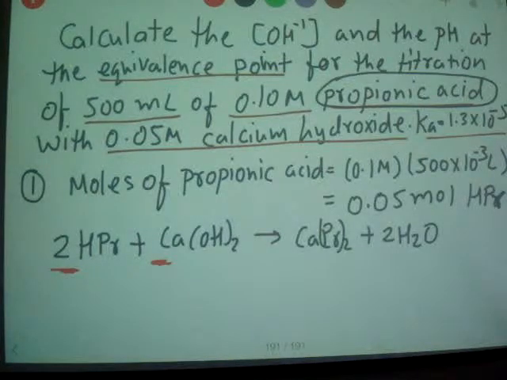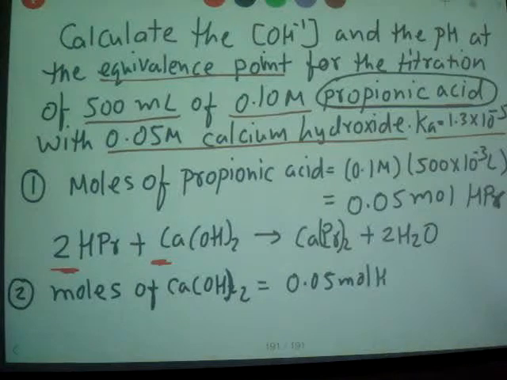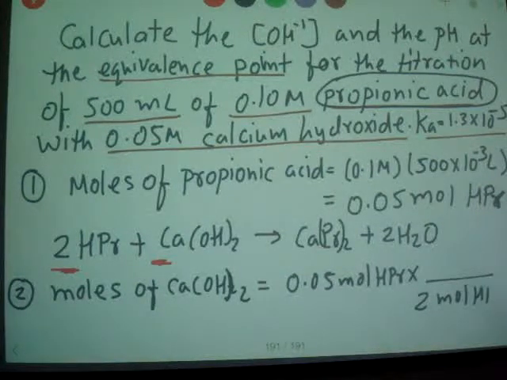So for that we need to find out moles of calcium hydroxide, Ca(OH)2. How do we do that? We know that 0.05 mole HPr, propionic acid. Now we know that every 2 mole HPr used reacts with 1 mole of calcium hydroxide.